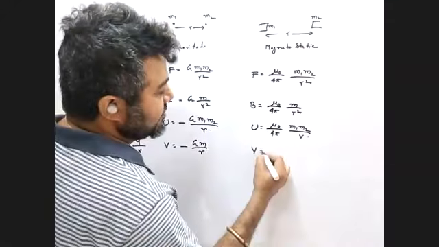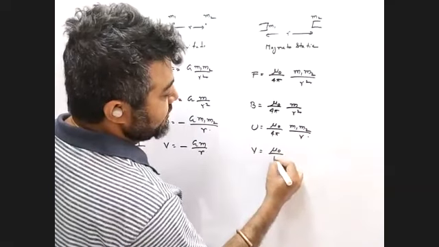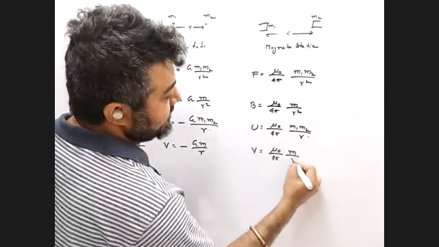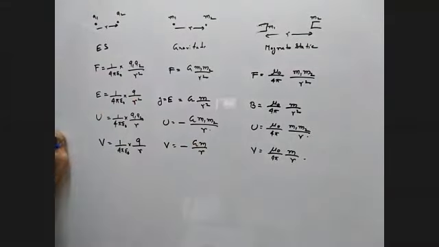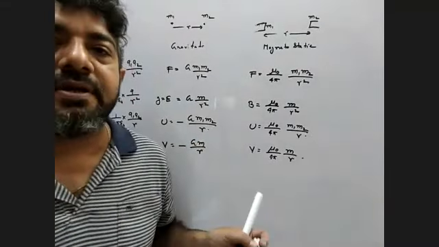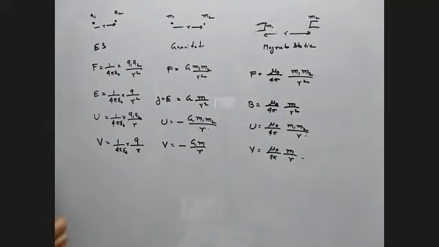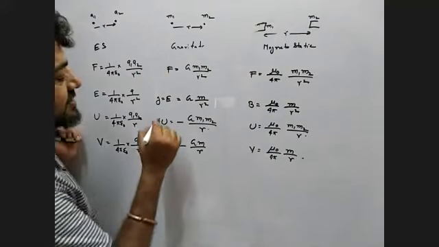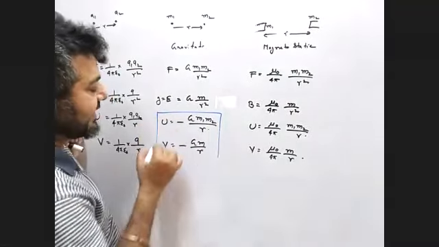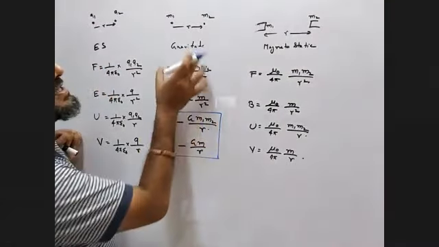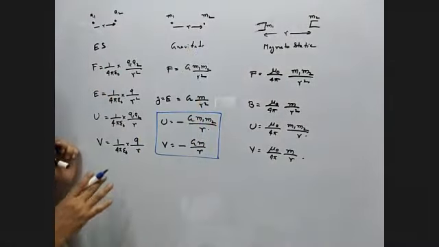Here also mu naught by 4 pi m by r. Is it clear, everyone? Yes, sir. They are the same, with just a very little difference. The difference is that in gravitation, you take a negative sign because of its attractive nature.